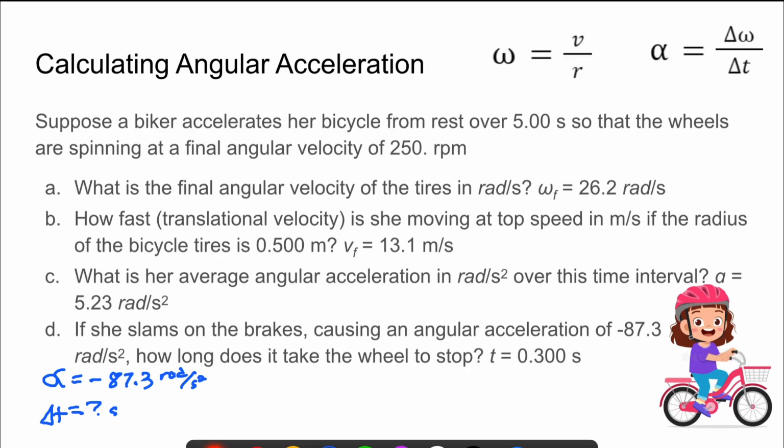And we know that in this time frame, her initial angular velocity is 26.2 radians per second, and her final velocity will be 0, because she'll be rolling to a stop.